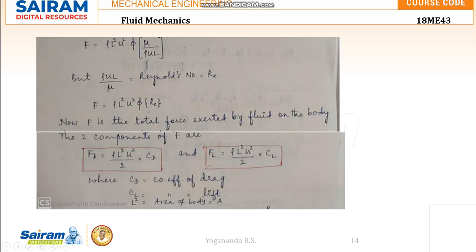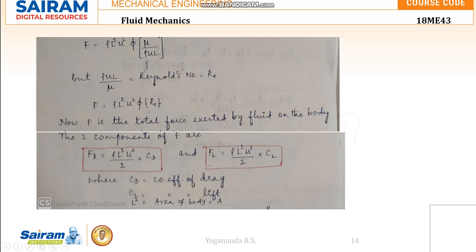But we know that the Reynolds number Re is given as rho U L divided by mu. So this force on the flight is given as a function of rho L square U square and the Reynolds number.